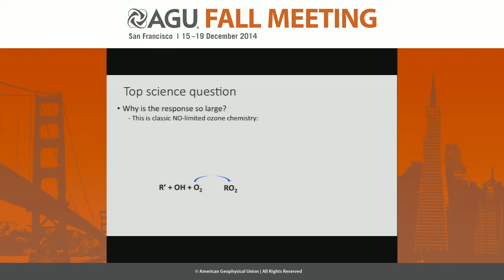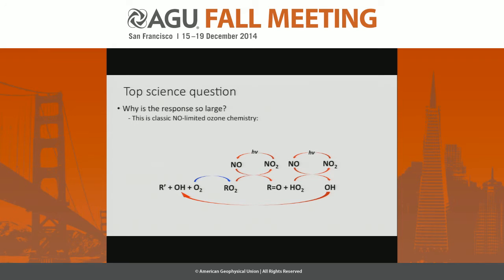This is really classic NO-limited ozone chemistry. And so I'll take you through that just very briefly for those of you who aren't chemists. If we assume an R here, which is an organic molecule such as isoprene, it's oxidized in the atmosphere by OH to form these peroxy radicals, RO2, which then undergo a set of reactions with NO, first to form aldehydes and HO2, and then to go on to reform the OH radical.